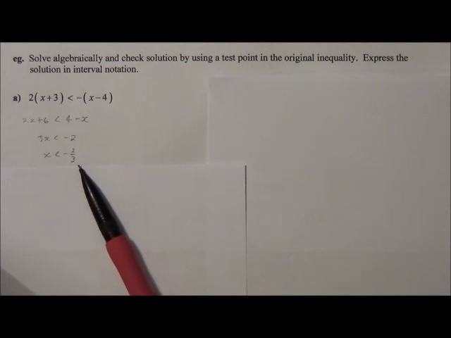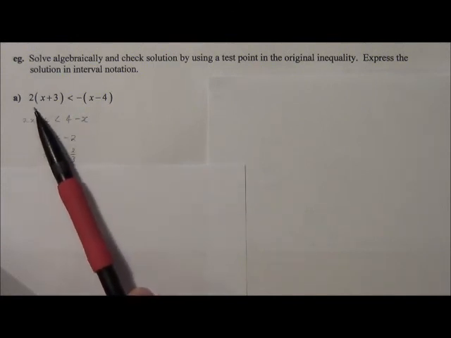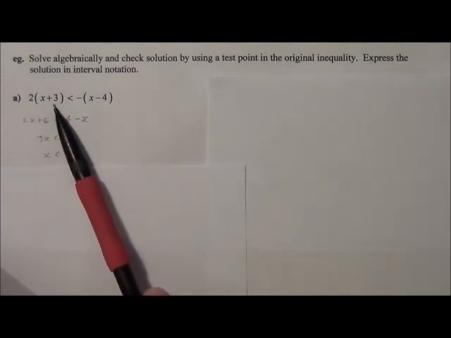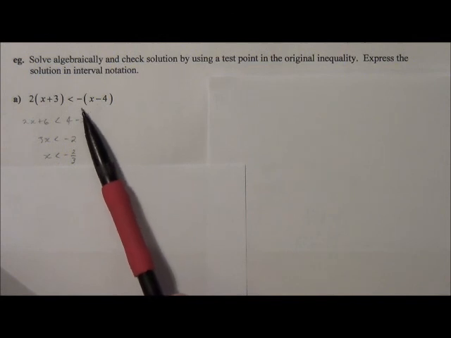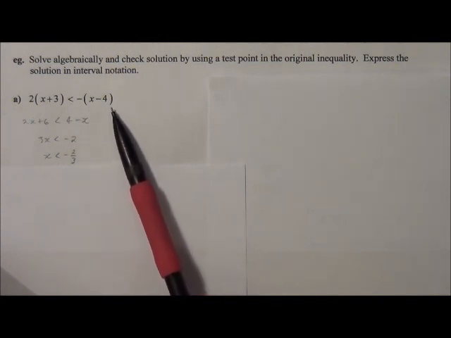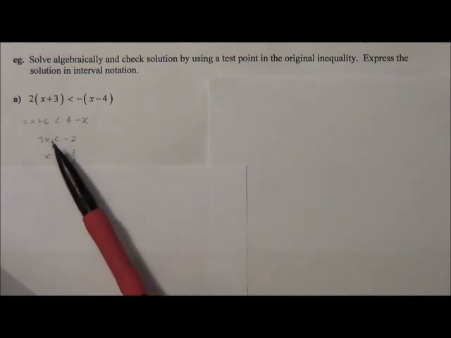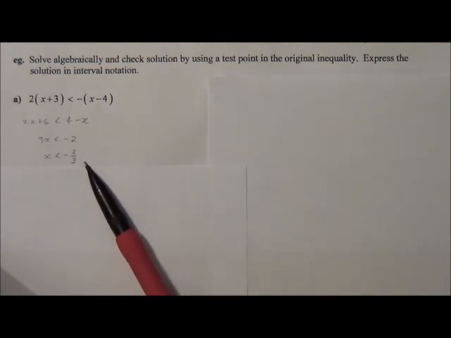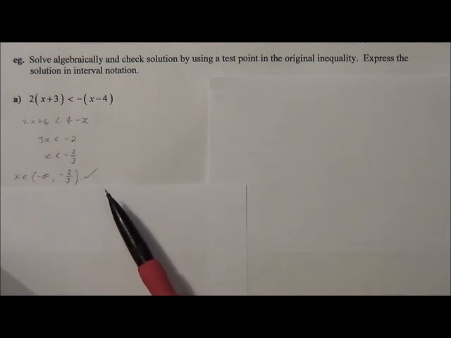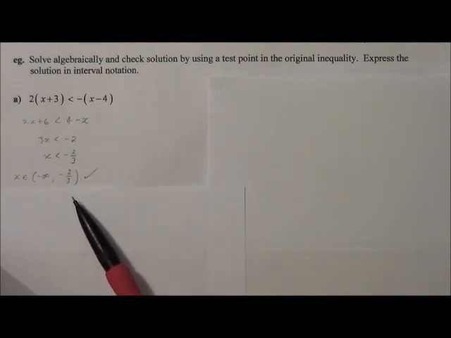So for all x values less than -2/3, according to my algebraic solution, this expression 2 quantity x plus 3 is less than negative quantity x minus 4. So now that we have this algebraic solution, I could write it in interval notation.